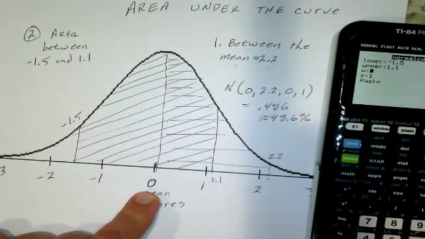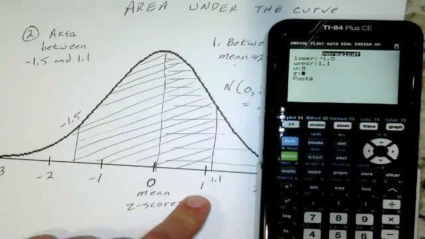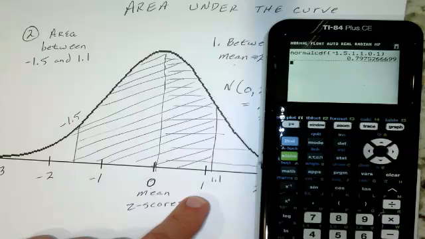Now again, my mean is still 0. We're talking about z-scores. For z-scores, the mean is always 0. My standard deviation is 1, always with z-scores. That does not change. So we enter, enter, enter, and there's my model. It's a normal CDF, a cumulative density function, between negative 1.5 and 1.1, with a mean of 0 and a standard deviation of 1.